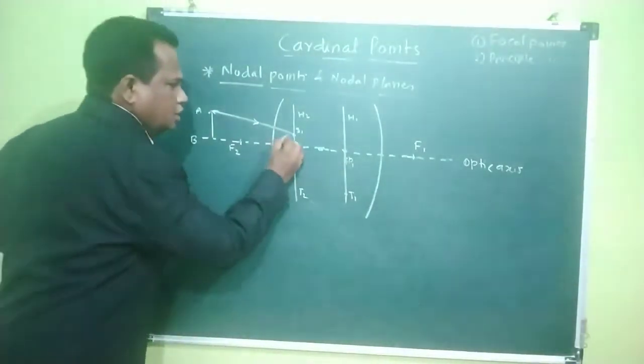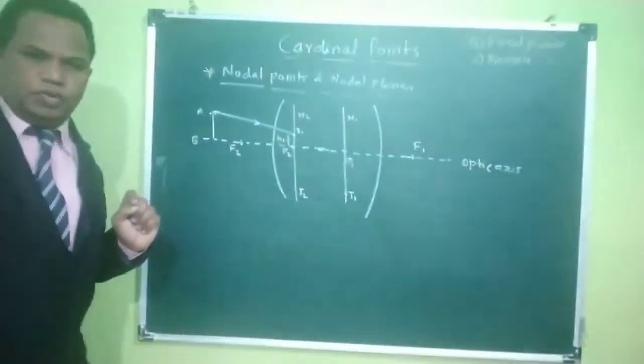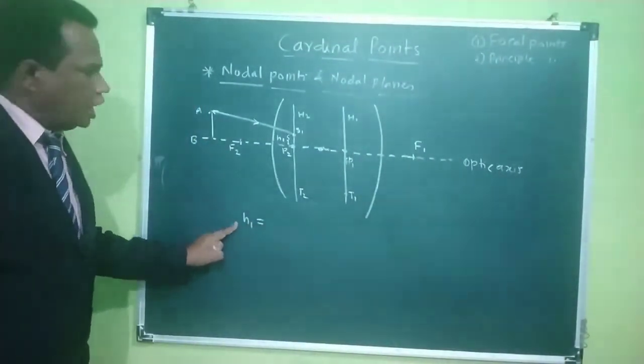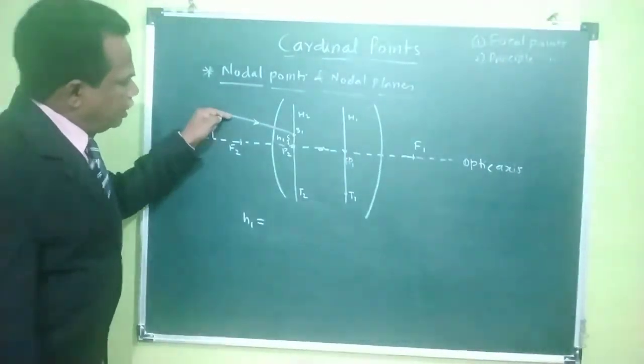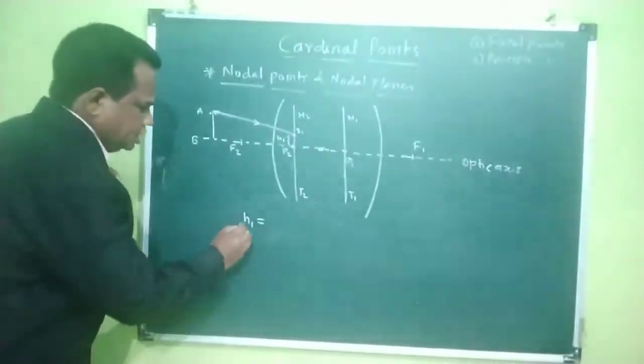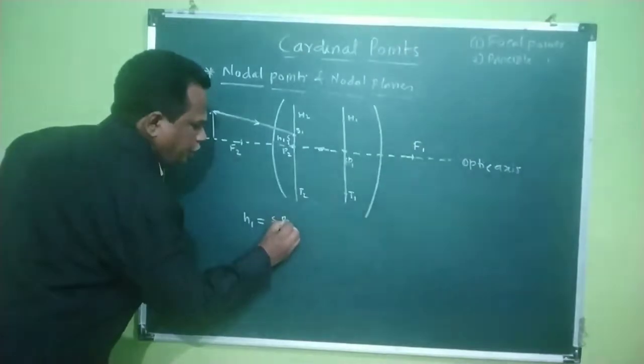I will call this small h1. So small h1 is the height at which the oblique ray is incident on this principal plane, S1P2.